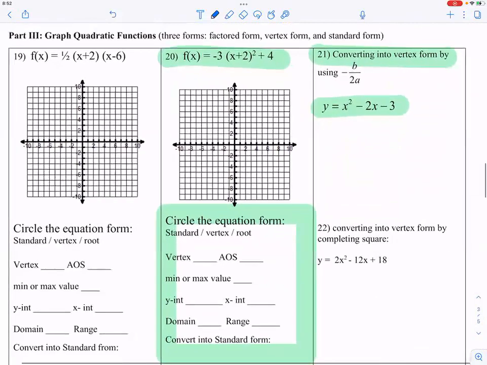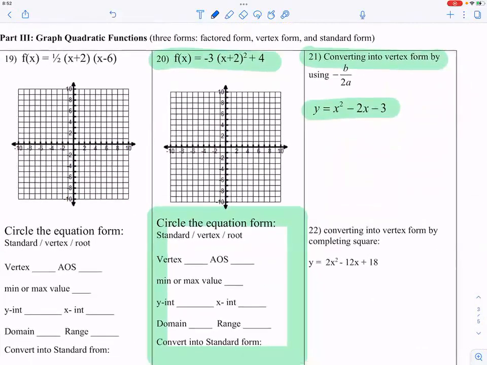All right, so now let's look at the next page, number 20. You have to make a graph. It's easier than that.